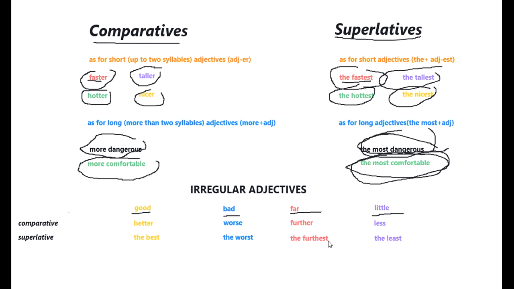Good is the adjective, better is the comparative form, and the best is the superlative form. Bad is our adjective, worse the comparative, the worst the superlative. Far, adjective, further comparative, the furthest superlative. Little, adjective, less comparative, and least superlative.